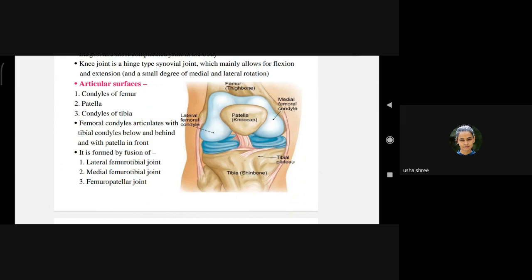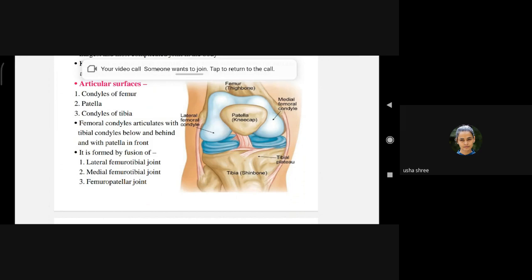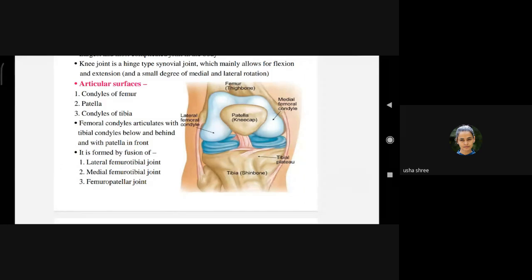So femoral condyles articulate with tibial condyles below and behind and with patella in front. It is formed by fusion of lateral femorotibial joint. Lateral femorotibial joint means femur and tibia. Which one is femur?